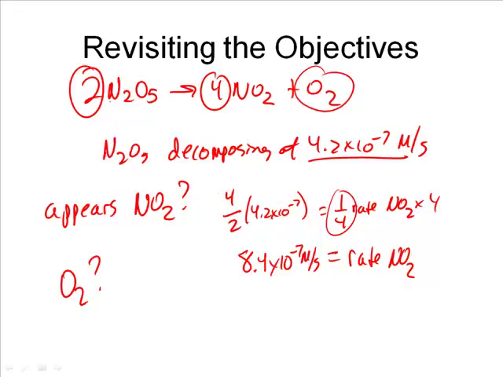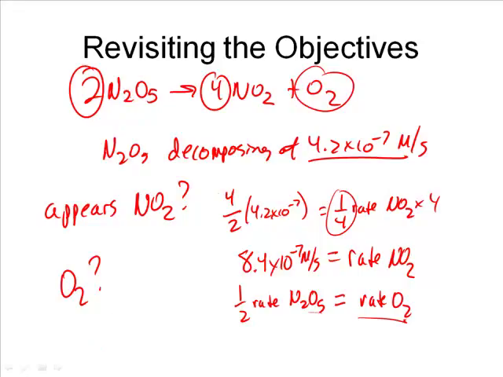Okay, for oxygen, it'd be very similar. It would be 1/2 the rate of N2O5 equal to 1/1, because there's nothing in front of the O2, the rate of O2. 1/1 is just 1. So the rate of O2 is just equal 1/2 the rate of N2O5.